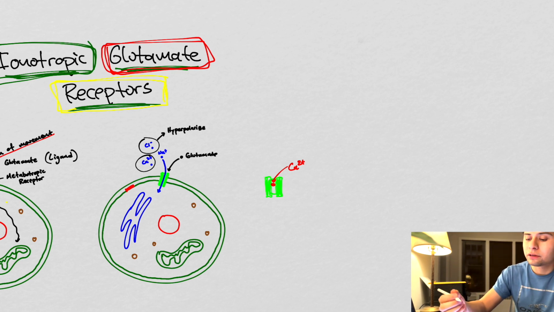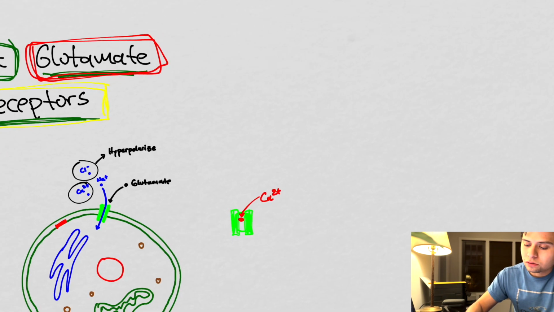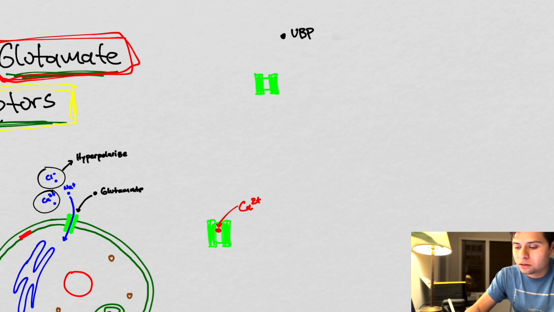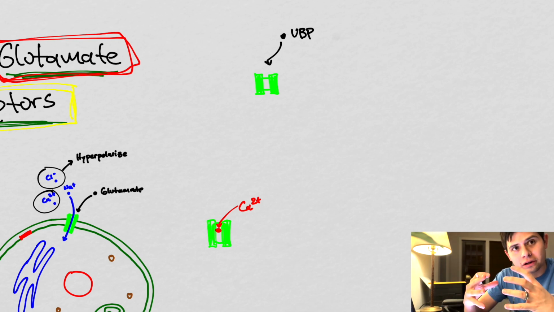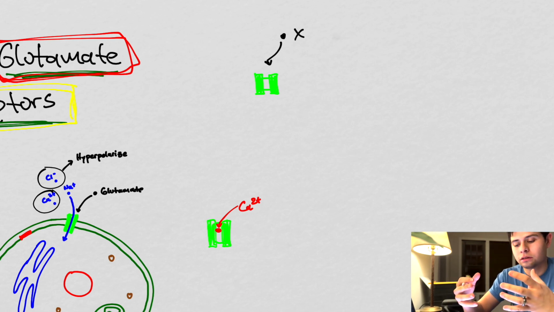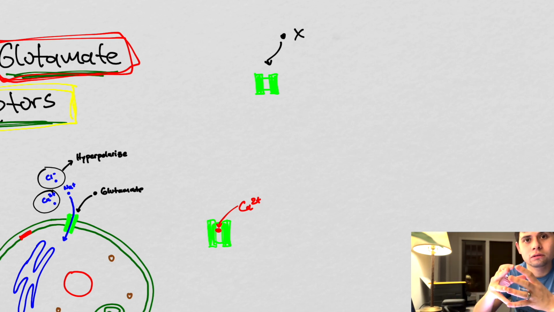There's this class of chemicals called UBP ligands that will bind, and instead of opening the channel, say, I don't want to get too specific, we'll just call it ligand X. Instead of opening the channel, I might close the channel, right?